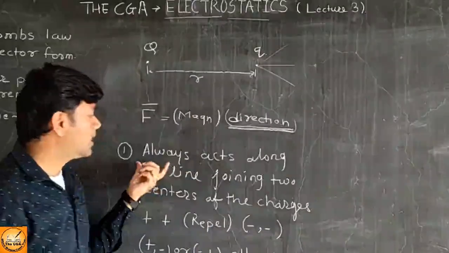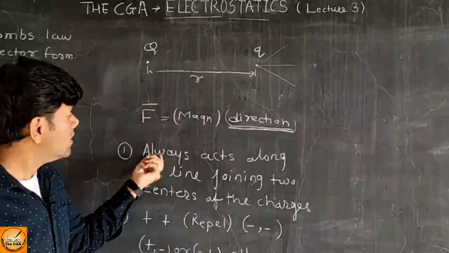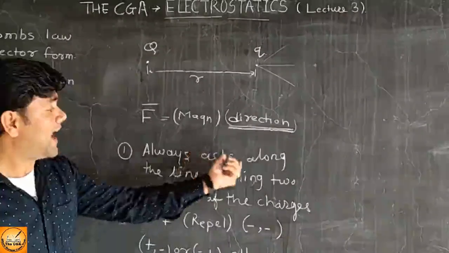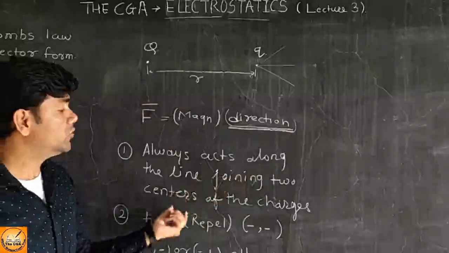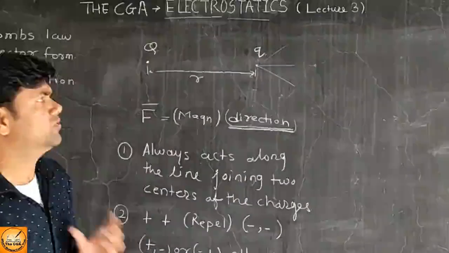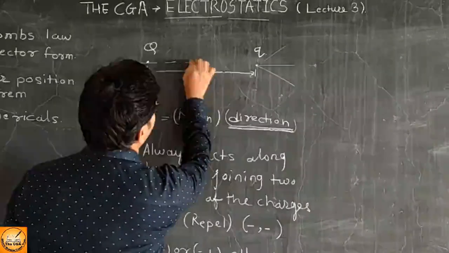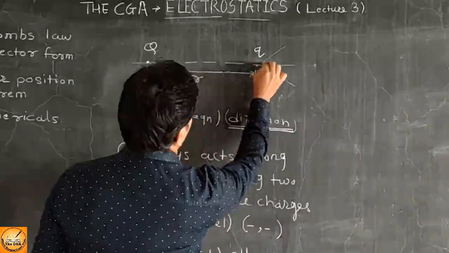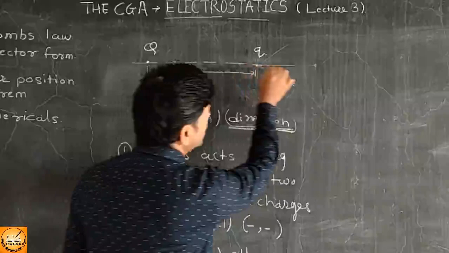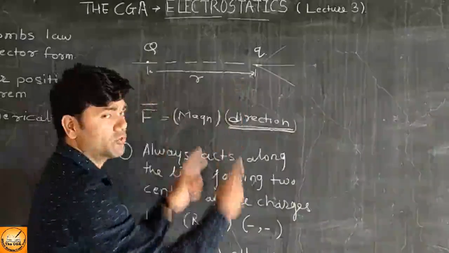For that purpose, we require the first statement. The force will always act along the line joining the two centers of the charges. So what we have to do? First of all, we have to draw the line which is joining the two charges. This will be the horizontal line joining the two charges over here.